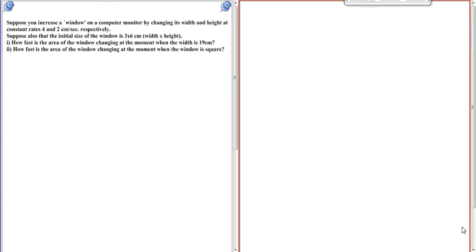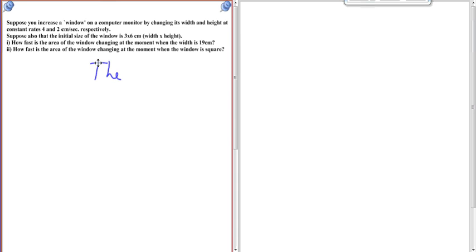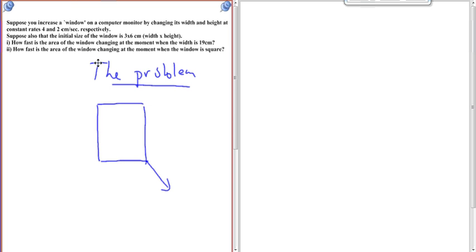Okay, let's just go over the problem for a minute here. Suppose you have a window on a computer and you're increasing its size in this direction, let's say. Initially, the window is 3 by 6 centimeters.